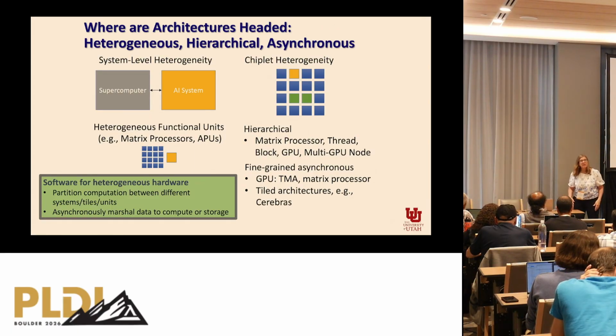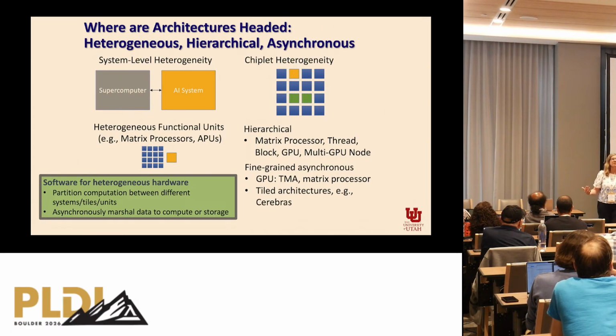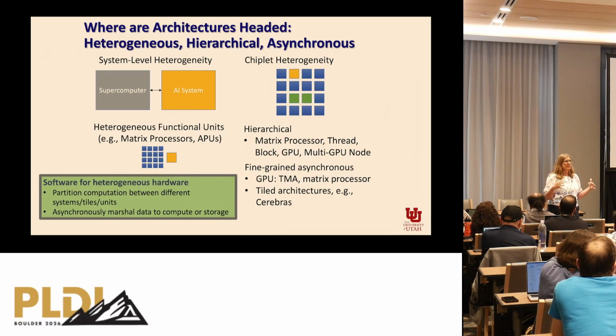Okay, so this is my take on where architecture is headed and therefore where software needs to head. Architectures, and we already see this today, are going to be three things. They're going to be heterogeneous in all sorts of ways. They're going to be hierarchical, they already are. And they're going to be asynchronous.